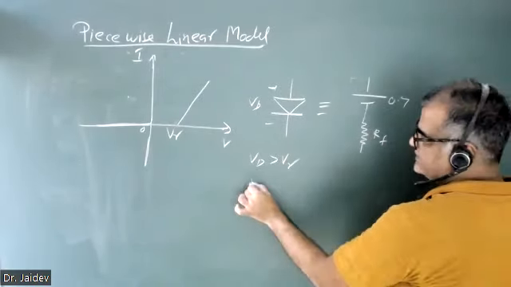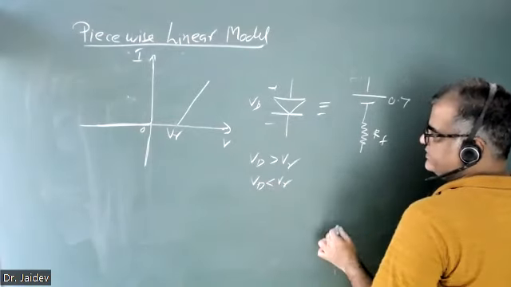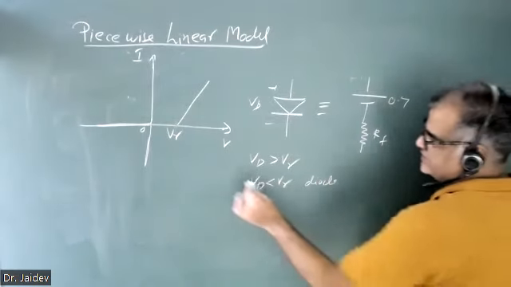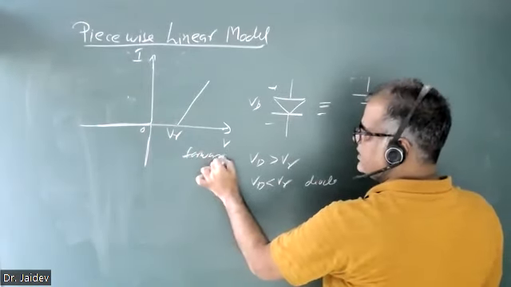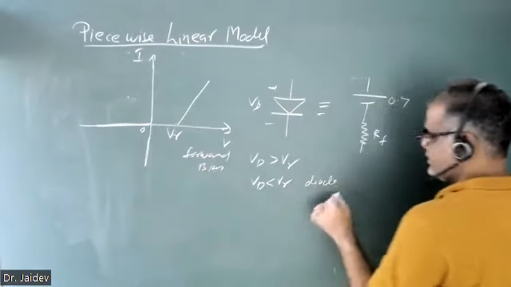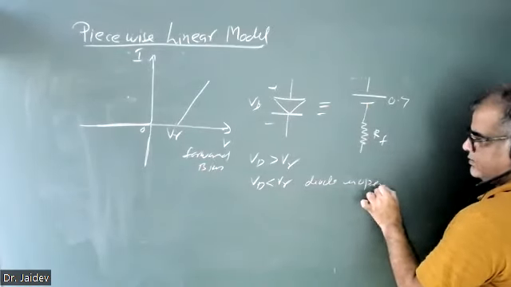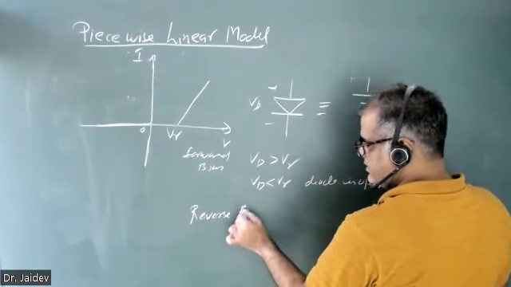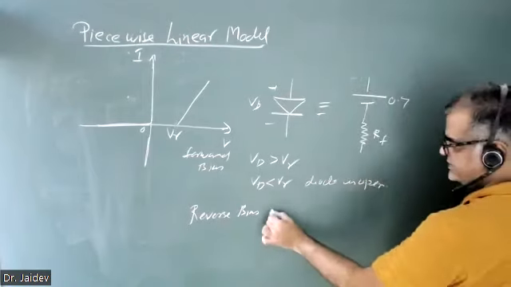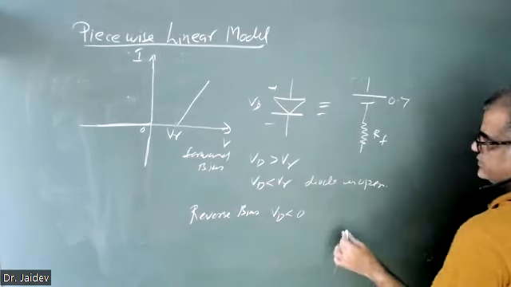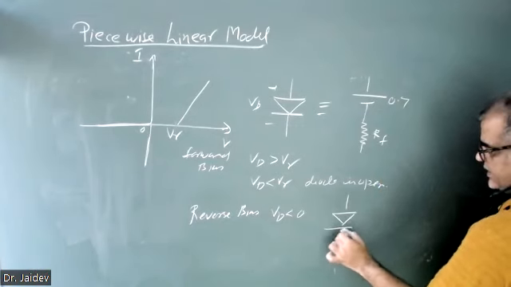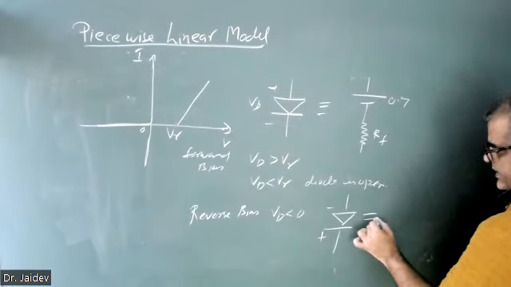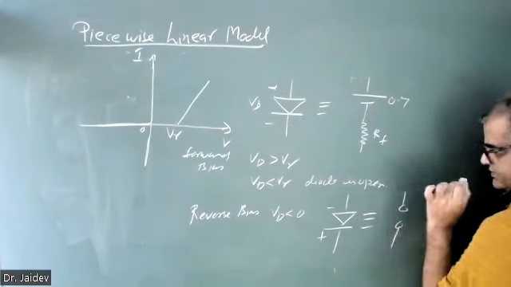If VD is less than V gamma, even in forward bias, then the diode is open. And for reverse bias, if VD is less than 0, you can replace the diode by an open circuit.